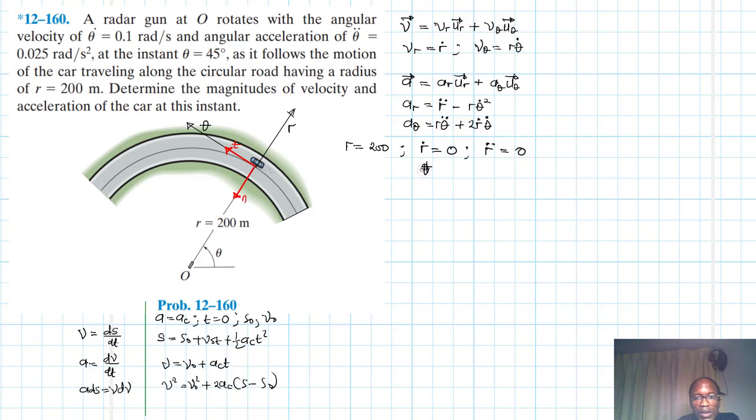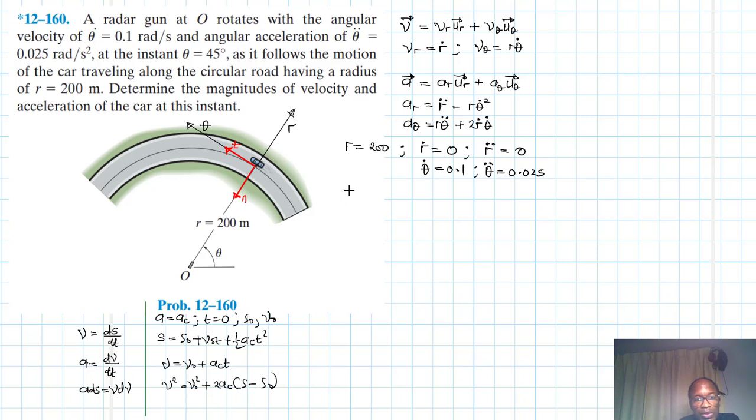And then theta dot we have already been given, it's just 0.1, and theta double dot is 0.025, also given.